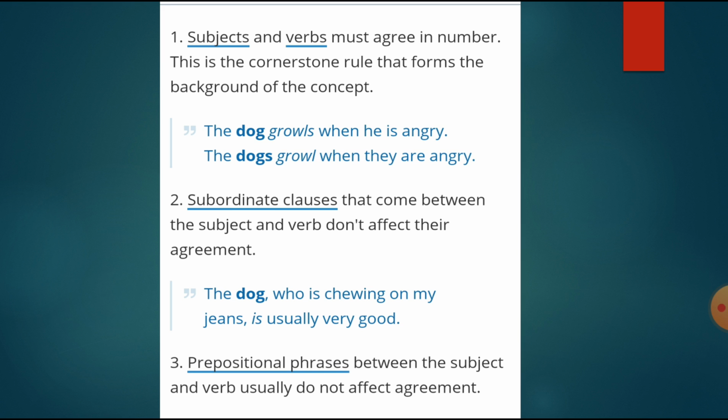In the second sentence, the subject is plural. The dogs growl when they are angry. So we remove s from growl.